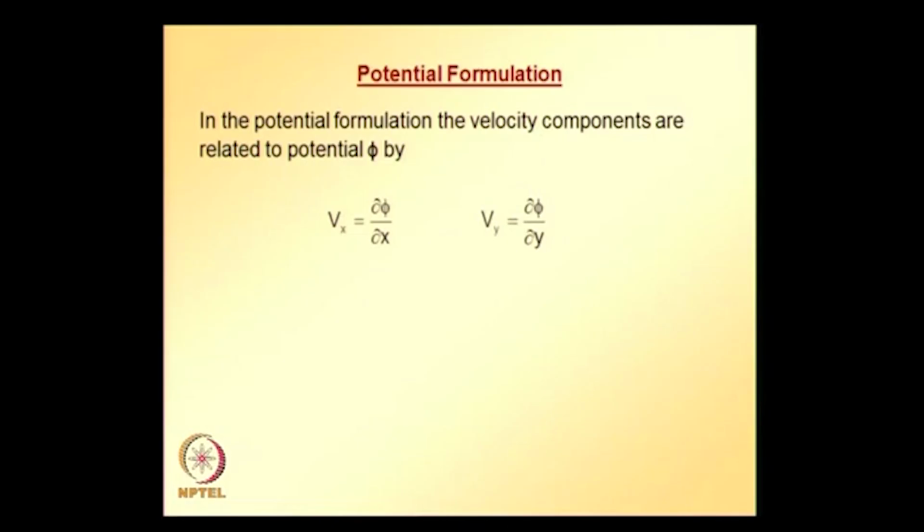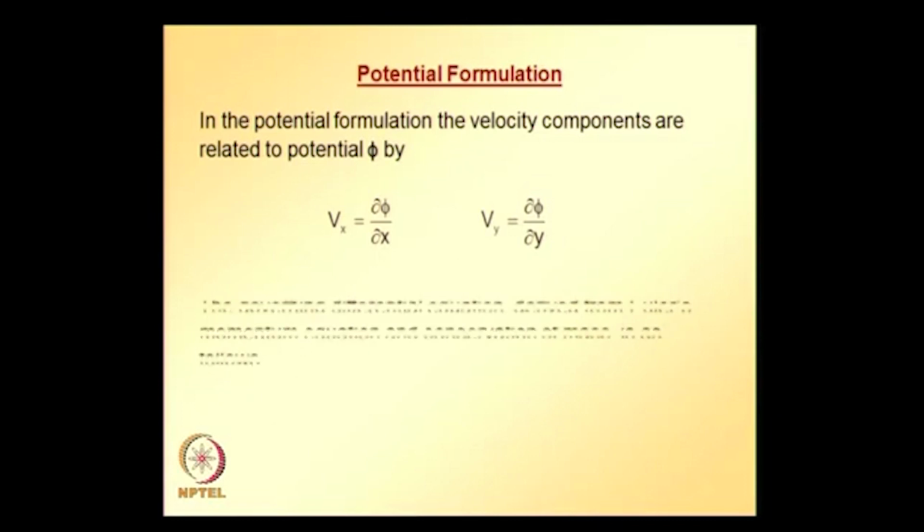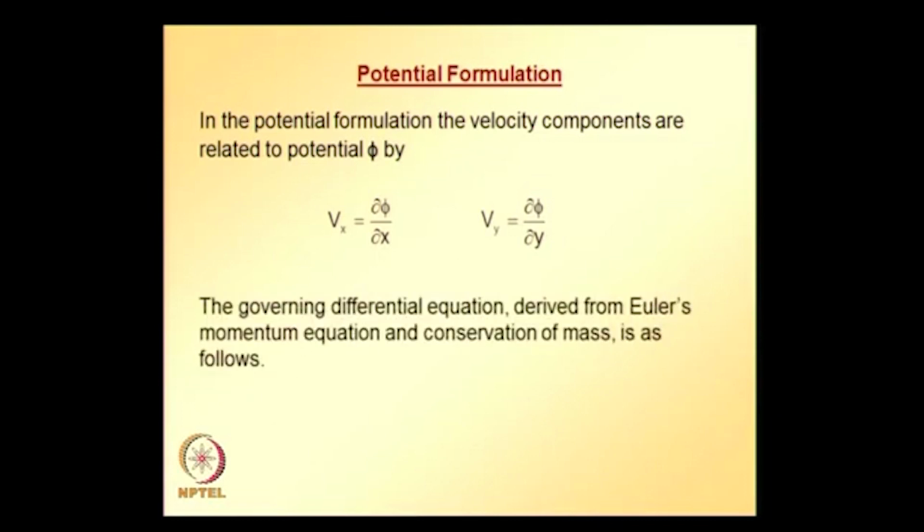The governing differential equation derived from Euler's momentum equation and conservation of mass is this one. So, basically we need to solve this second order differential equation for phi subjected to some boundary conditions.